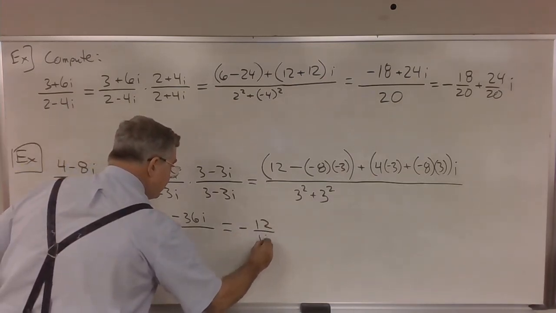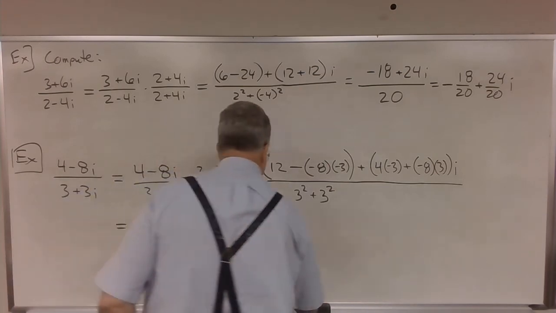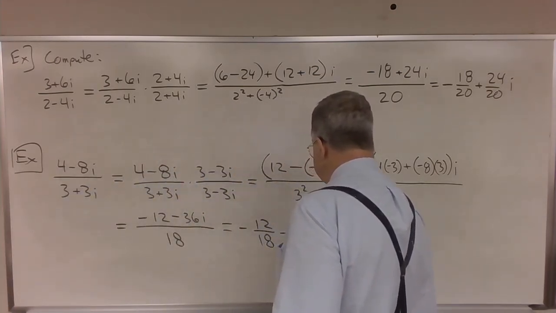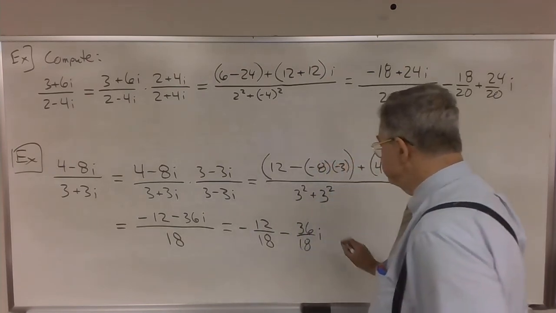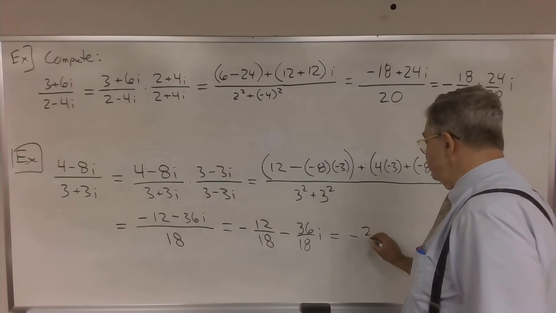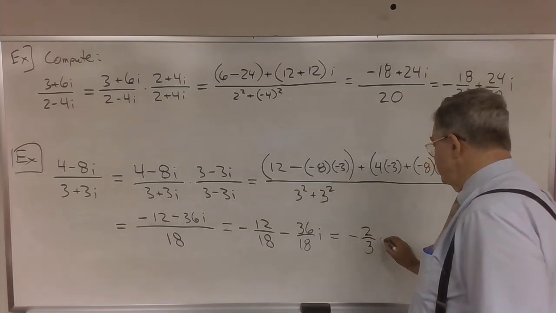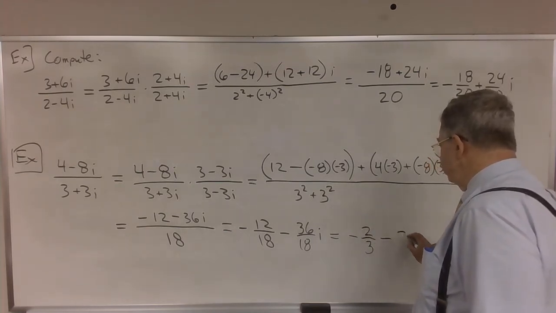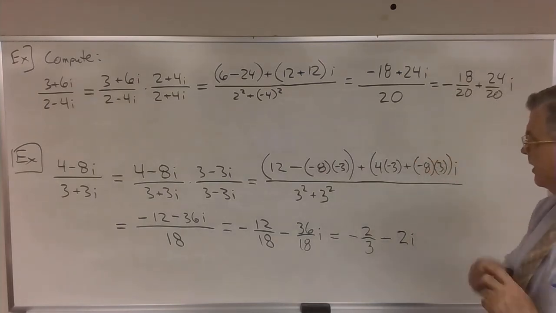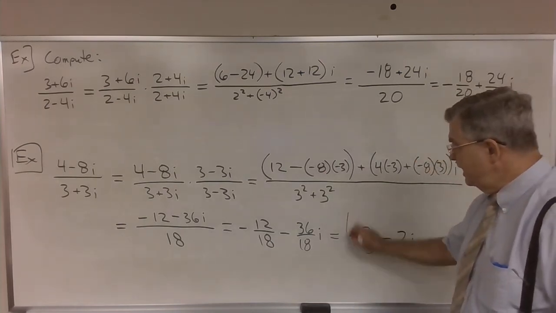Negative 12 over 18 minus 36 over 18 times i. So that's negative 2/3 minus 2i. So that is my answer.